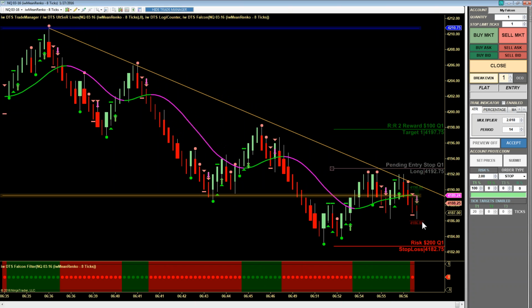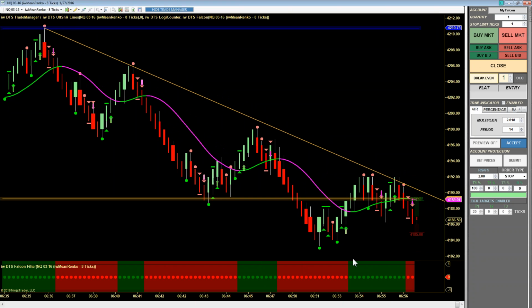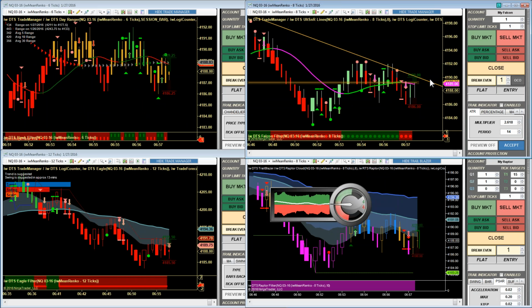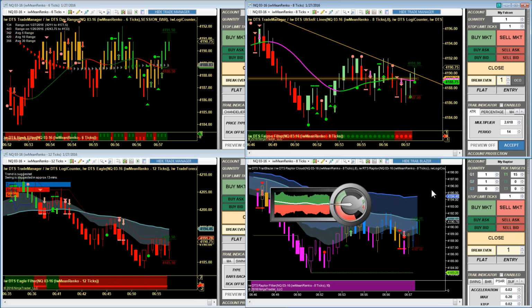All right, so we've now generated a sell signal, so we can nix that signal, close that out until we get a little bit more structure. We'll see if they make a higher swing low here. That would definitely lend some support to the buyers.